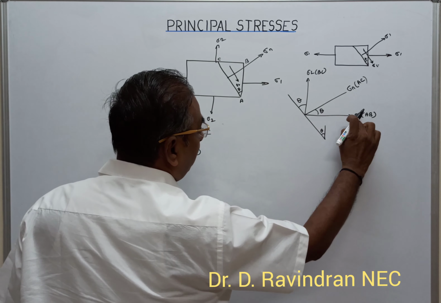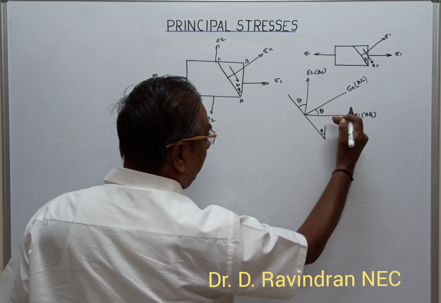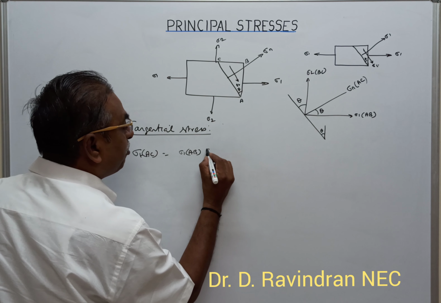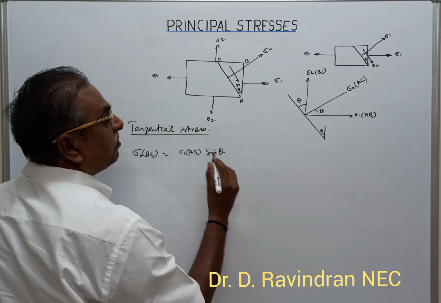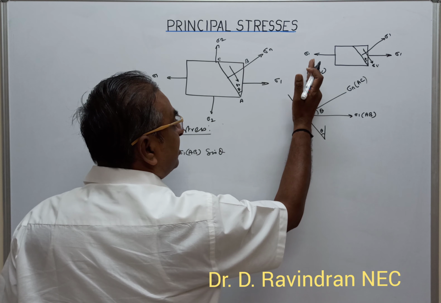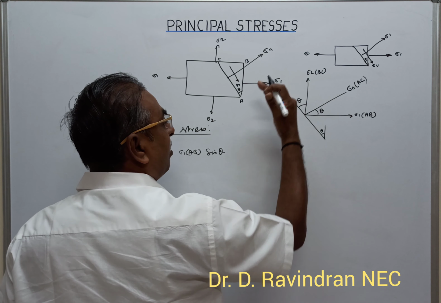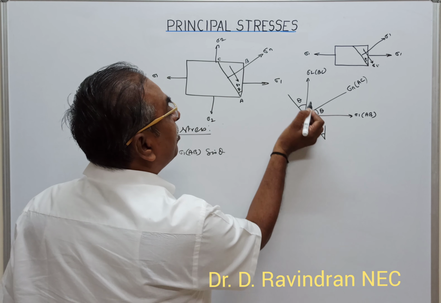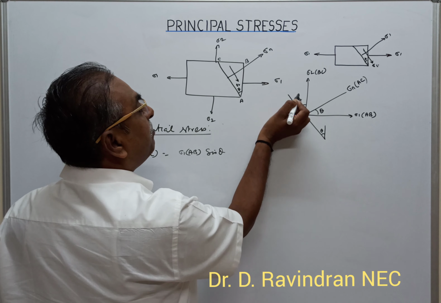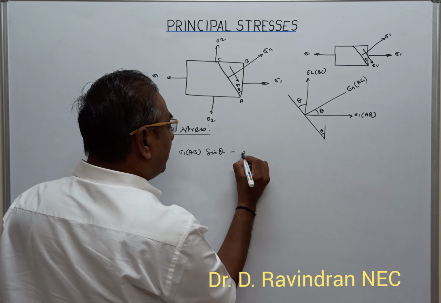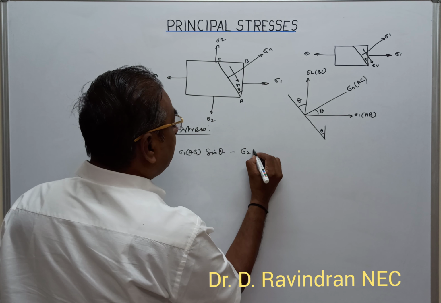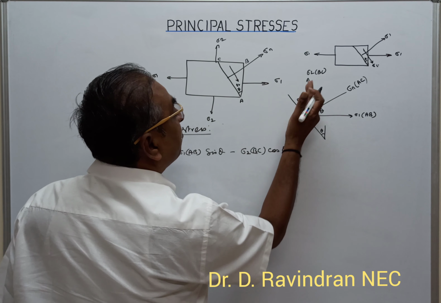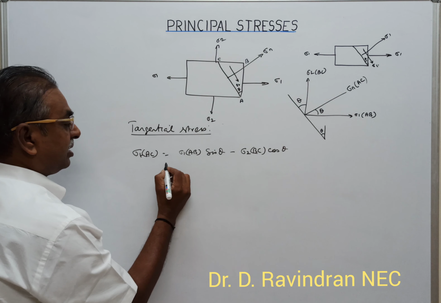We are going to resolve this force along this plane. When you rotate, this angle will expand, so we can put sin theta. Similarly here, this sigma 2 you have to resolve along your plane. In that case, this will be coming downward and this will be coming upward, so you have to put minus. So minus sigma 2 BC into cos of theta. When this angle compresses, it's cos theta.